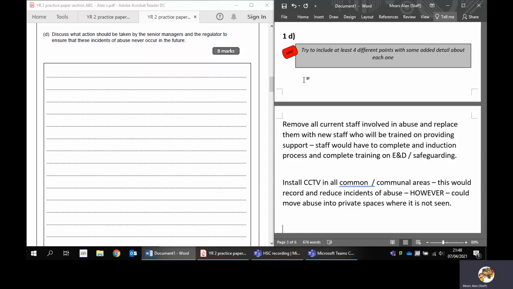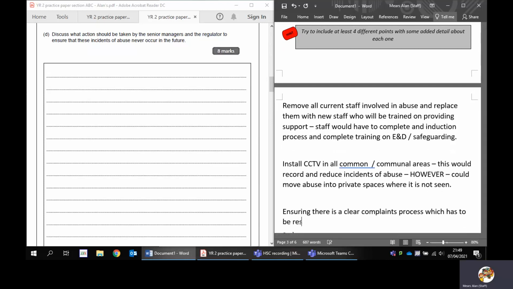We could talk about fitting or ensuring there is a clear complaints process which has to be responded to within a set time.